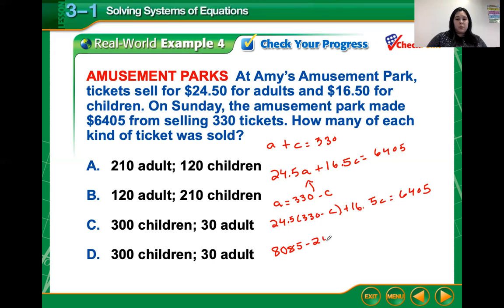Minus 24.5 C plus 16.5 C equals $6,405. So now I'm going to subtract 8,085 from both sides and combine like terms.